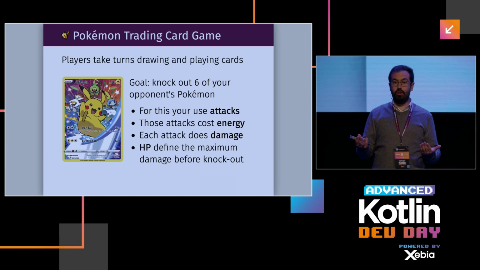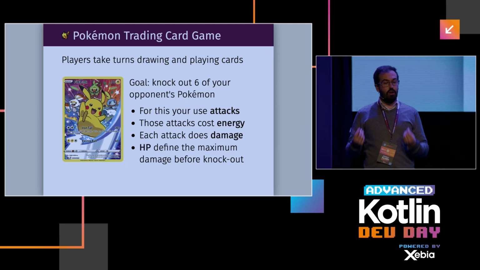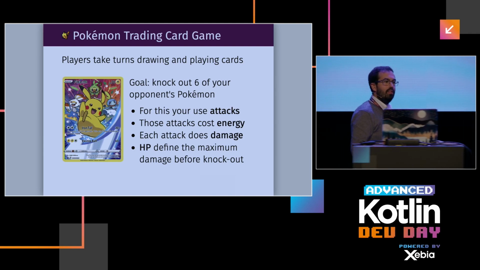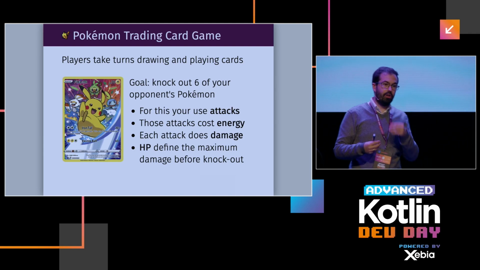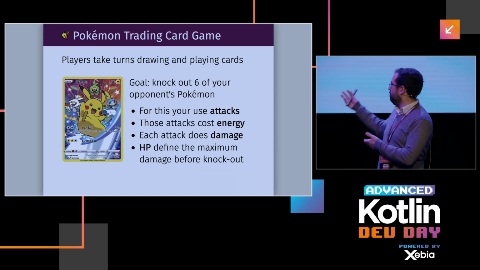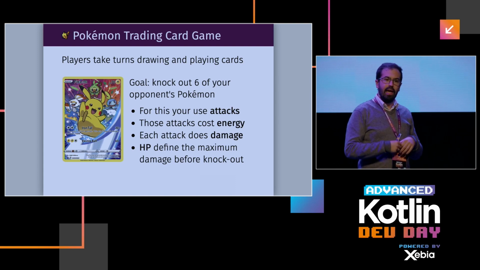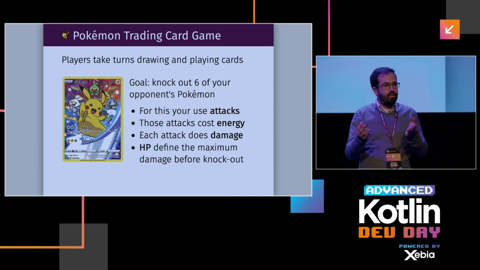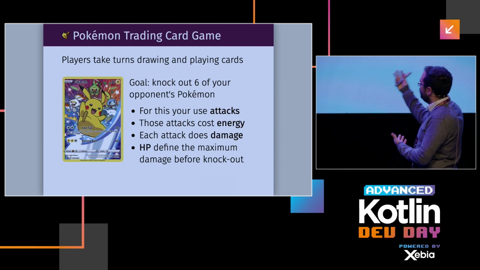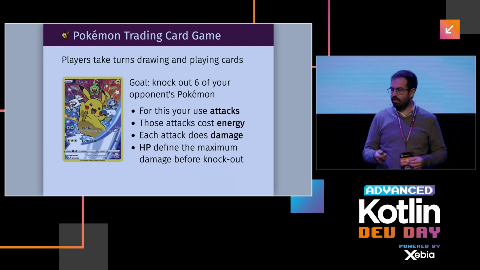You don't really need to know much about this, only that our goal is to model these cards in Kotlin. So we are going to try to figure out, if we were to create software for a game like this, how would you model, what types, what classes would you create to model one such card.